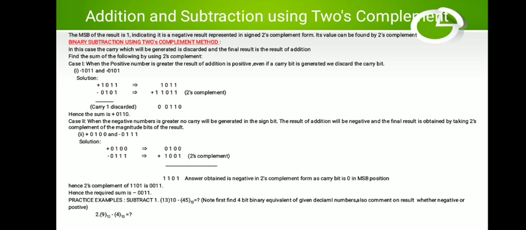And very important, how to comment on the result so that we don't get confused. First, if the carry bit is generated, it is definitely a positive number, greater minus smaller, and the result is directly what we expect. It is in true form. This is how you comment. You have to write a note.